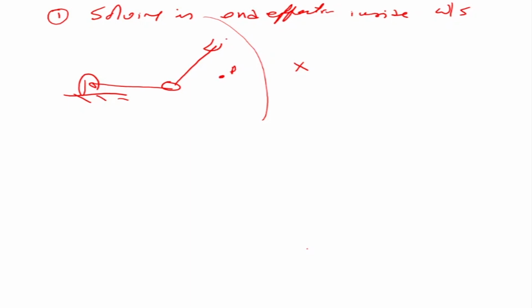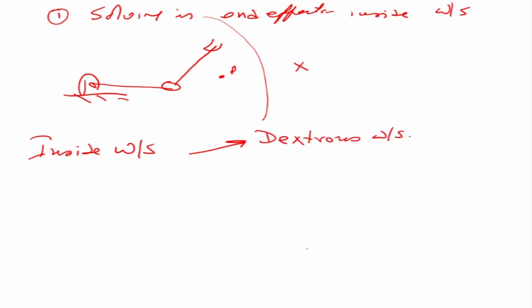Now inside the workspace there are also two workspaces. Inside the workspace, number one is what we call the dexterous workspace. What is the dexterous workspace? The end effector, let's call it EE, I'm writing in short, the end effector can reach in all orientations.